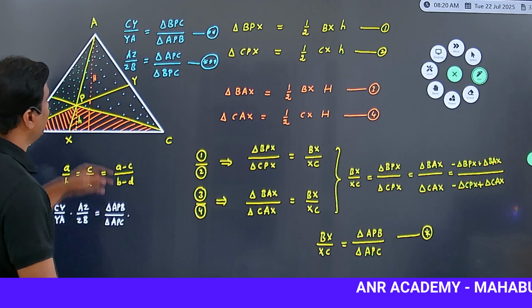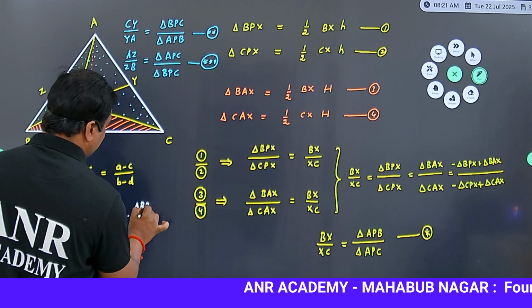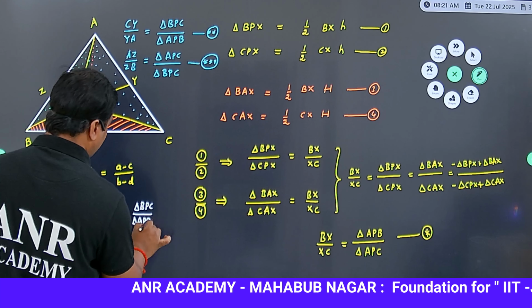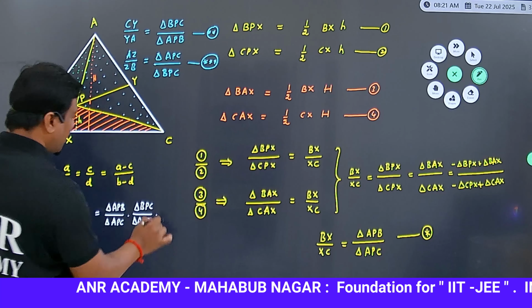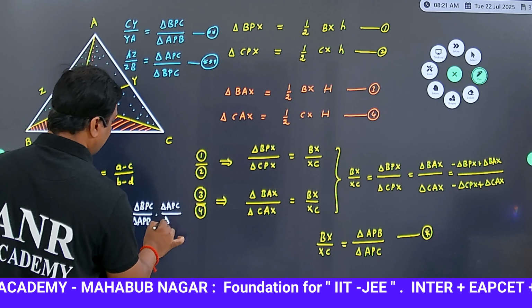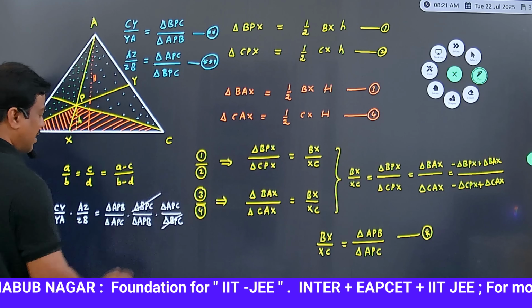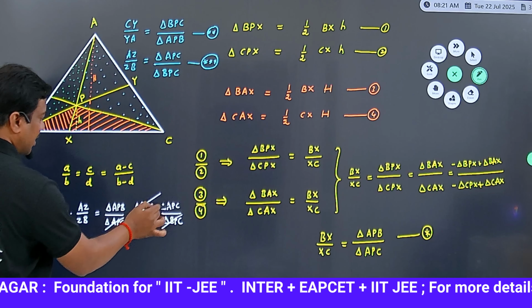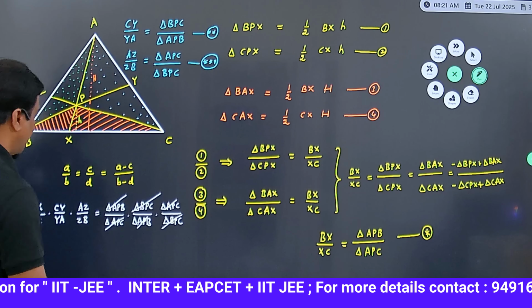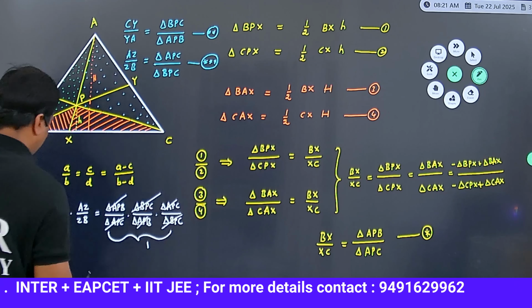Next multiplied by CY by YA, that is delta BPC divided by delta APB. Next AZ by ZB, that is delta APC divided by delta BPC. Delta BPC gets cancelled. Delta APC gets cancelled. Delta APB gets cancelled. So finally, it gives the result 1.